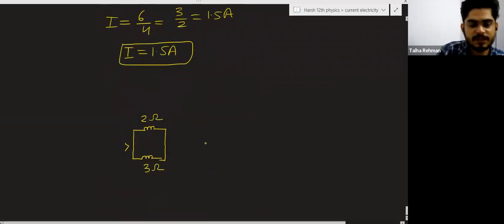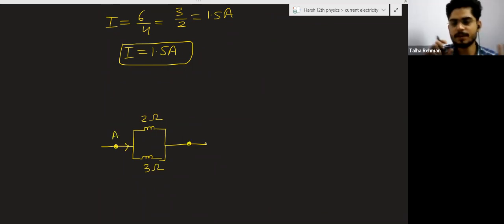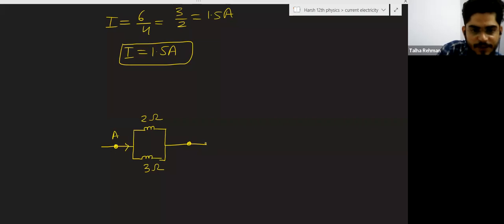So this is the circuit we have, and this is point A. Now I am just taking a part of that circuit, and we know the value of current flowing here is 1.5 ampere.